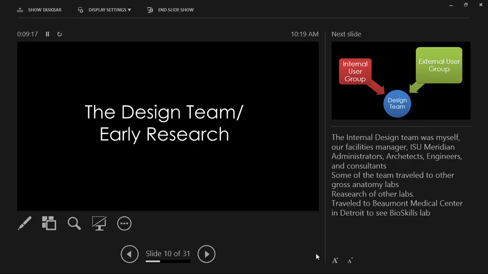A few of us went to Detroit, and we visited the Beaumont Medical Facility there, which does have one of the first BioSkills labs in the country. So we visited that space, and that was a great learning opportunity for us to find out from them what they think they did right, what they would do differently, how they could improve on the processes that they're using now, how they could improve on technologies, those kinds of things. So that was some of the early research that we started doing.